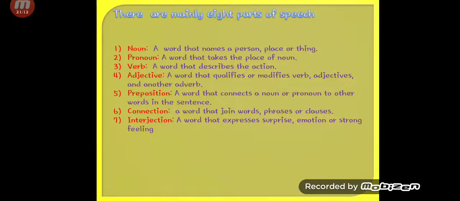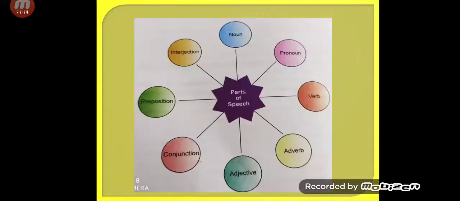Now, one by one, let us revise them. I know that you are now in 9th class and already you know much of the English grammar. You are aware of all this.